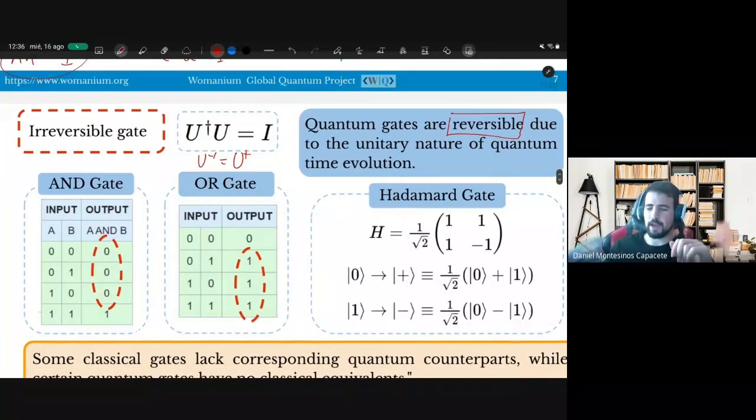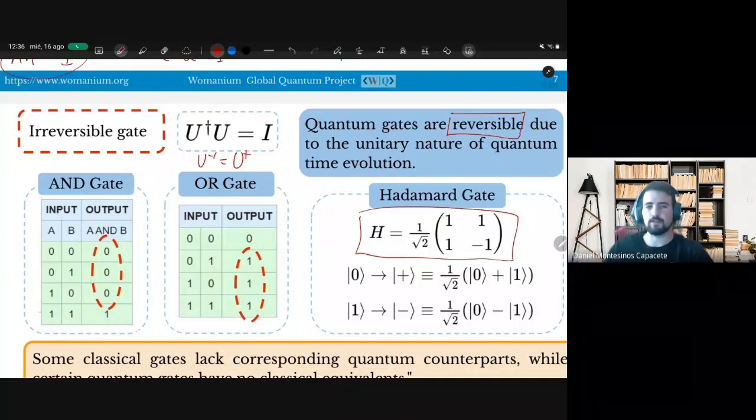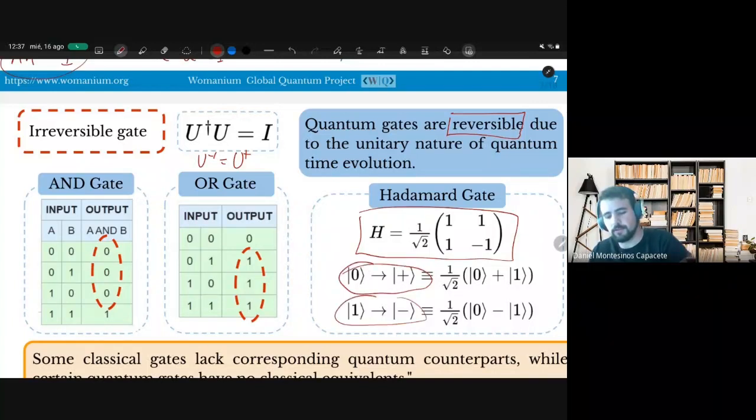For example, I have here a very common, very useful quantum gate called the Hadamard gate, and it is represented in this matrix. Basically, this gate changes vectors.